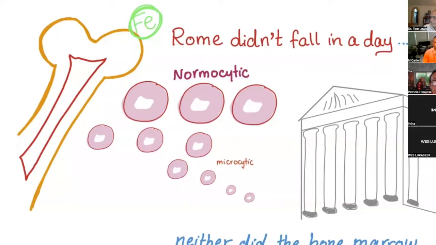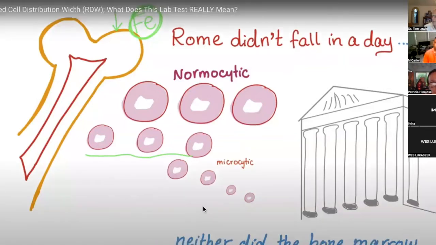Then the iron will decrease, so cells will get smaller because I don't have enough iron. I'm making RBCs just big enough for the iron I have available. Normocytic cells pretty much produce the same size.